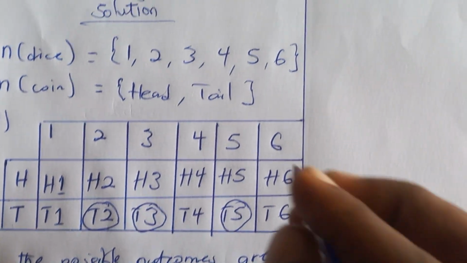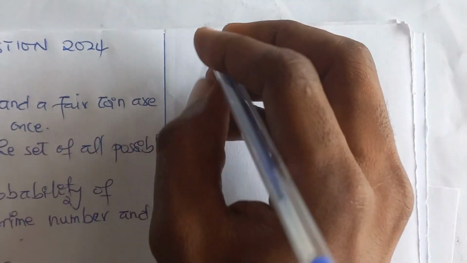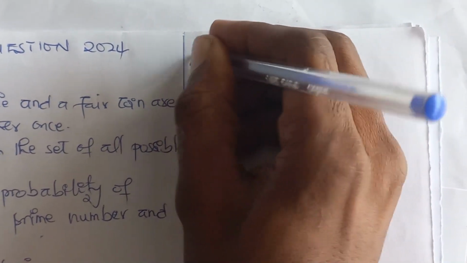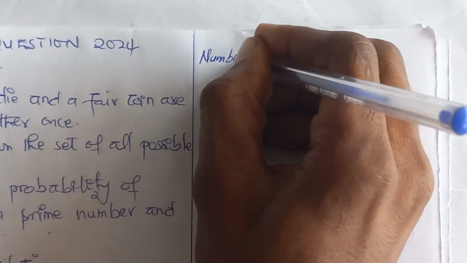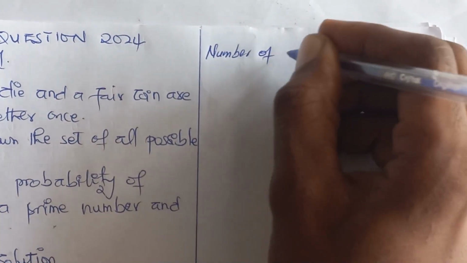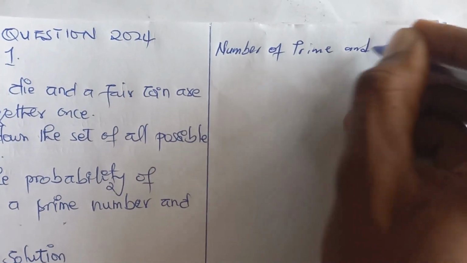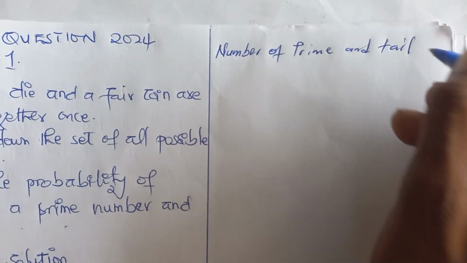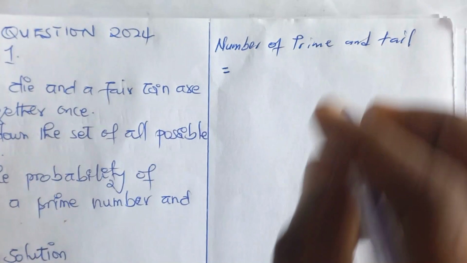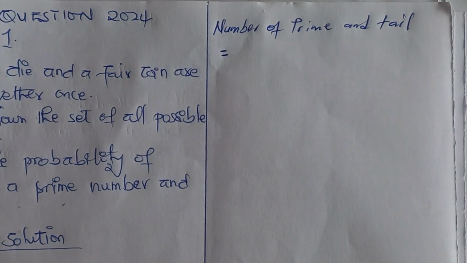Okay, so we say that the number of prime and tail is equal to, we had 1, 2, 3.